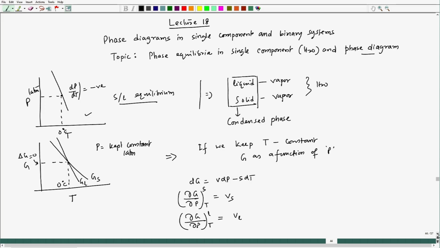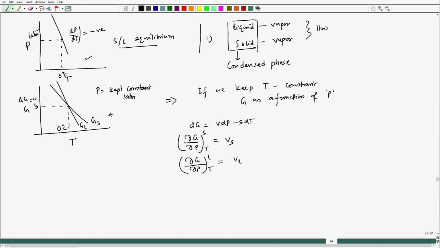Now, if I try to see a similar kind of plot for solid to liquid transformation, I can get a plot like this. Let me just draw that: G as a function of P, keeping temperature at 0 degree Celsius. V S is a positive quantity, the molar volume. V L is also positive, but interestingly V S for H2O is greater than V L of H2O.